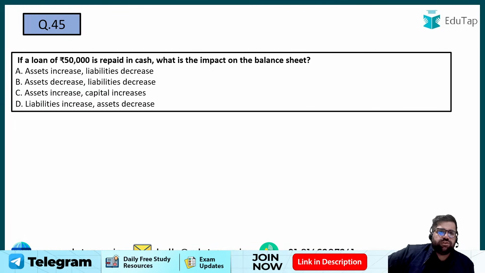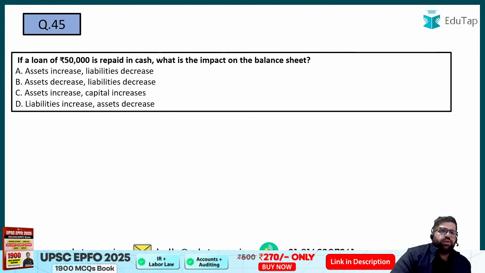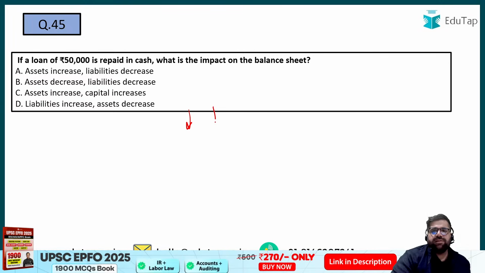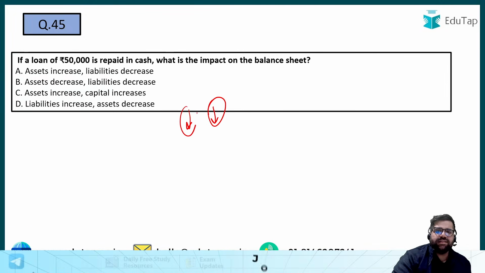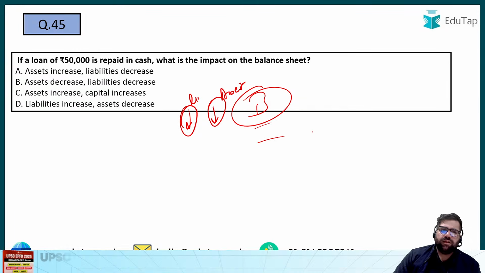This is a good question, so try to answer it. If loan of 50,000 is repaid in cash, so loan is your liability which is reducing. Cash is also going out of your business, so your cash will also decrease. So your asset decreases and your liability decreases. So my answer will be option number B. Quite easy, I would say.